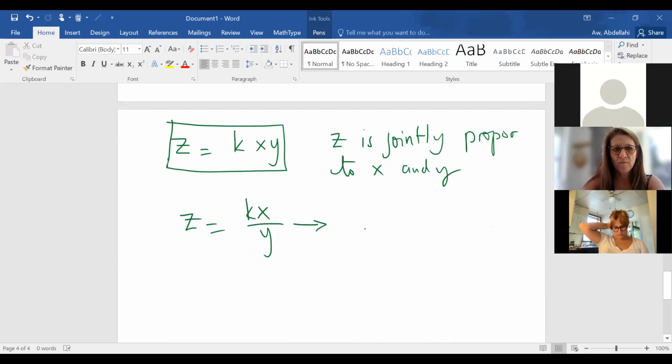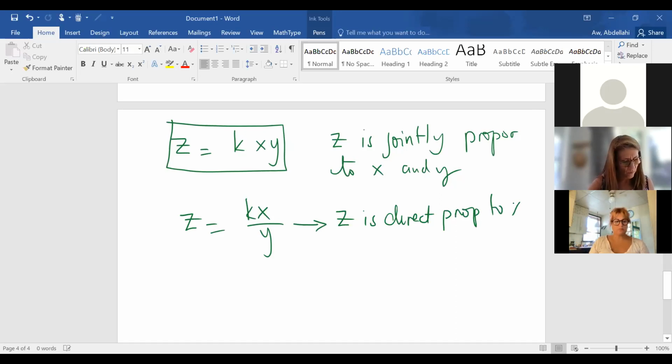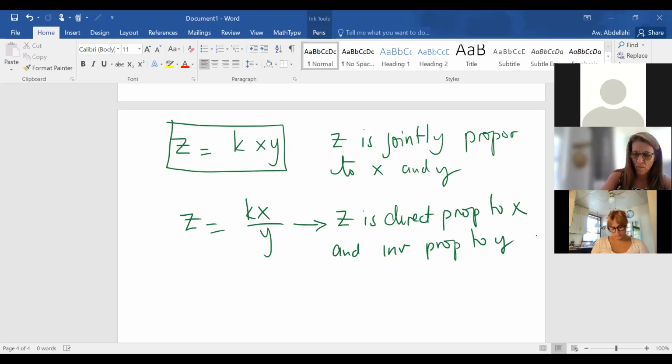So it tells me Z is directly proportional to x and inversely proportional to y, right? Just in case you see something like that, okay?